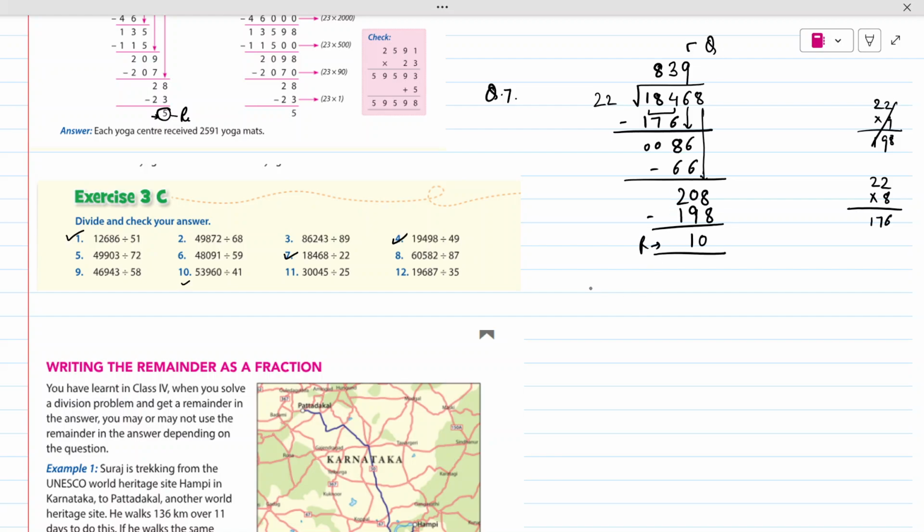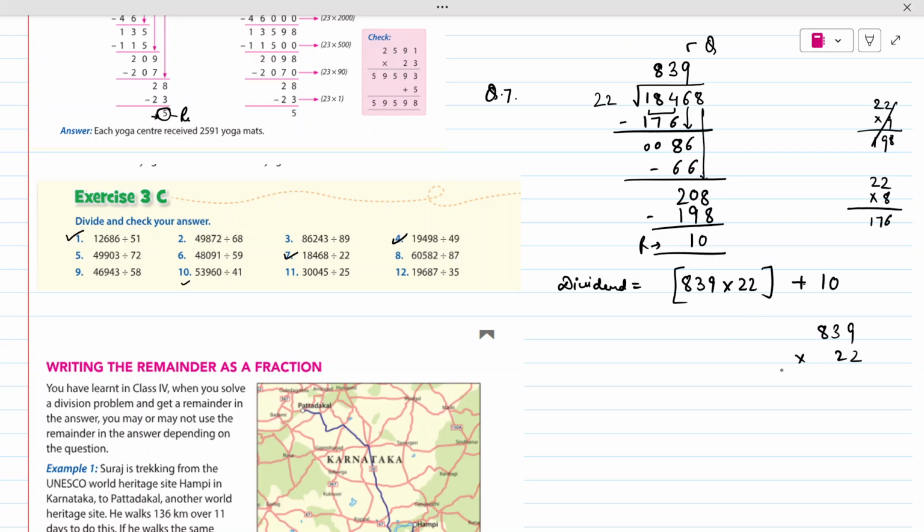And if we have to check, then dividend should be equal to 839 multiplied with 22, and the product we have to add to the remainder, which is 10 here. So let's do this also.